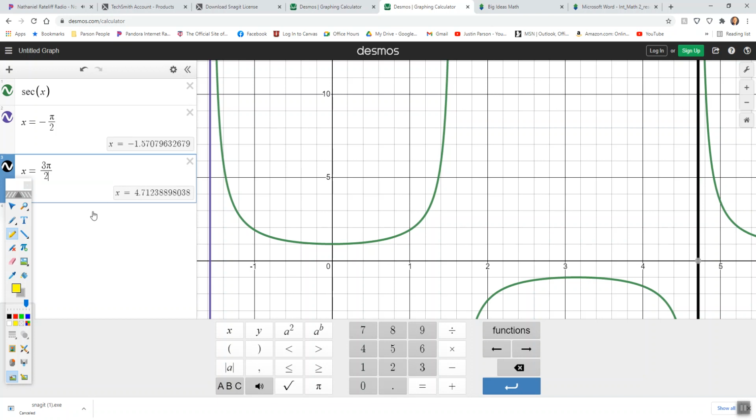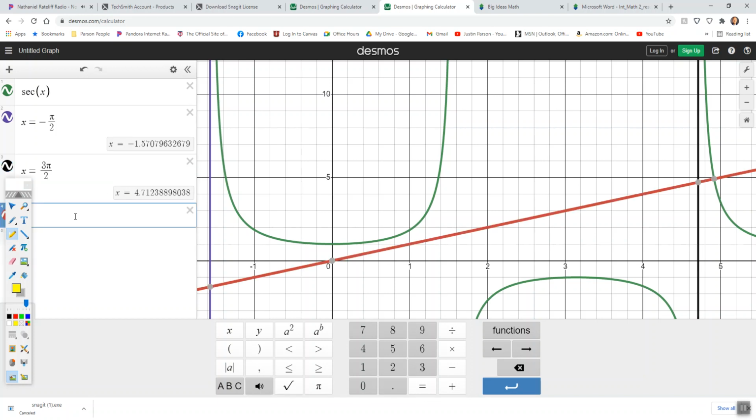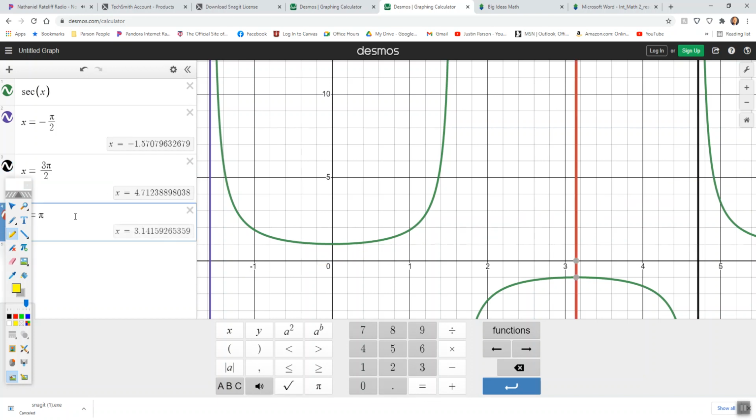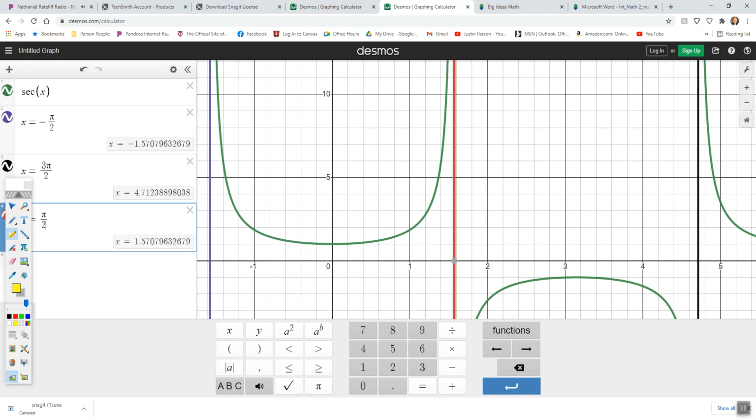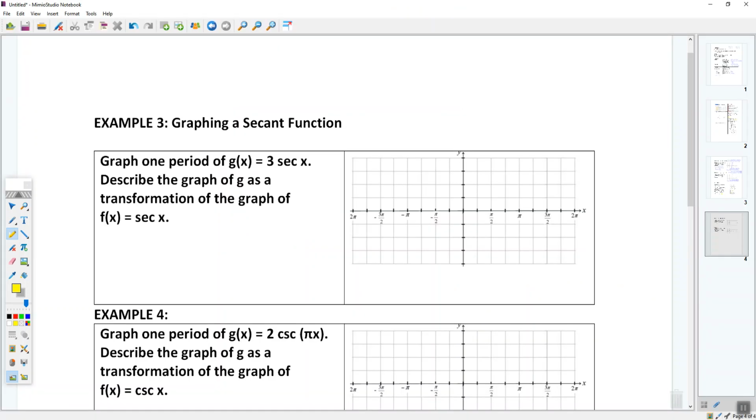Here are the values I want you to use when we're dealing with 5 points for this one: 1, 2, 3, 4. Yep, got them. For your secant graph, these are the values I want you to use.